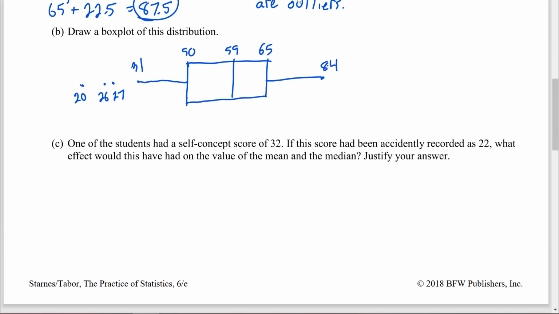Excuse me. One of the students had a self-concept score of 32. If this score had been accidentally recorded as 22, what would the effect have been on this value? So we're taking a number from 32 to 22. What effect would it have on the mean or the median? Well, it would lower the mean because the mean is the average, so the value matters.